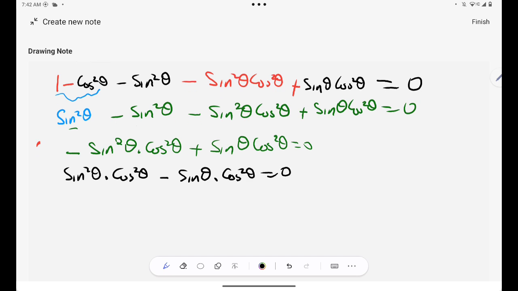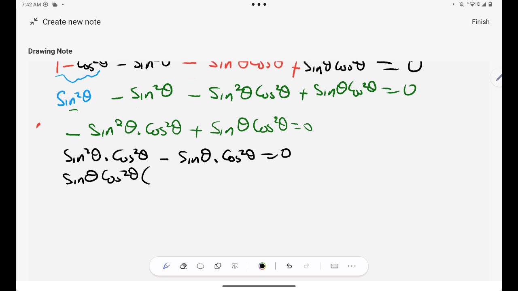I can take out a common factor here, guys. My common factor will be sine theta multiplied by cos squared theta. Are you together?